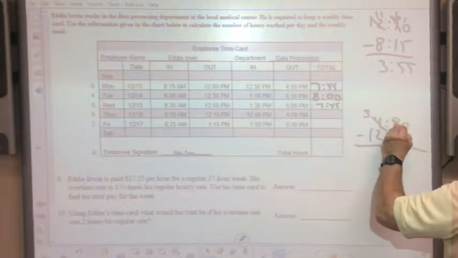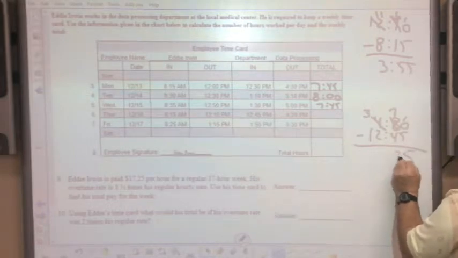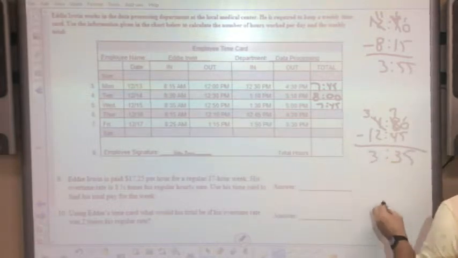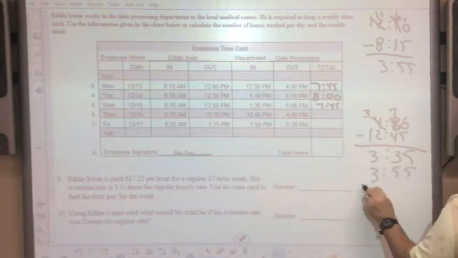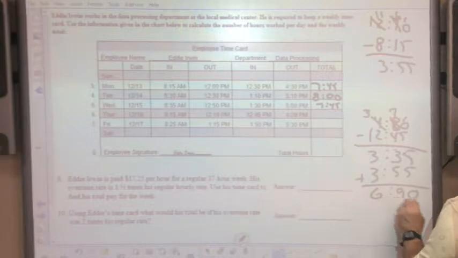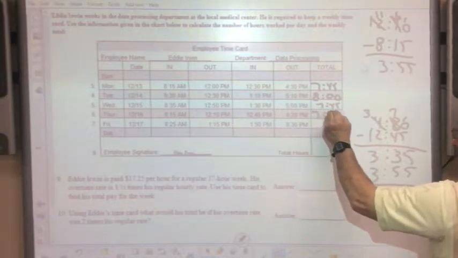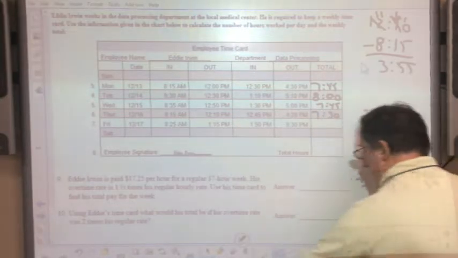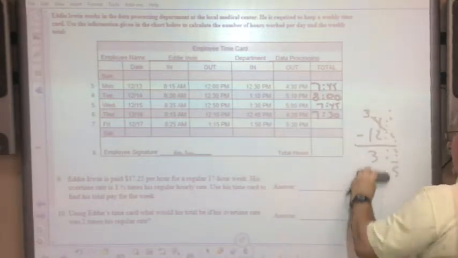Again, borrow in the afternoon. Remember, treat the 12 like a 0 on this one on 12 hours. So 35, 3 minus 0 is going to be 3. 3 hours and 55 in the morning, 3 hours and 35 in the afternoon. Add them up. You're going to come up with 90 minutes, which is greater than 60, so you're going to have to carry. You're carrying an hour. So 7 hours and 30 minutes on Thursday.